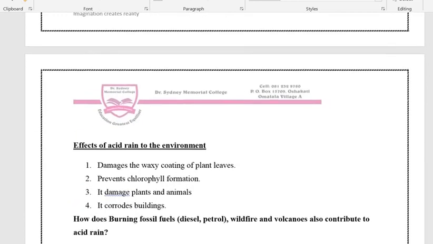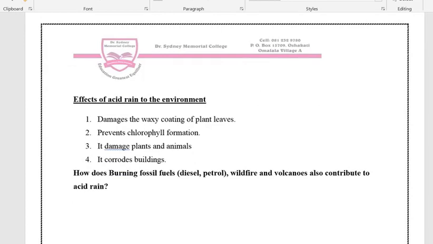These are some of the effects of acid rain on the environment. It damages the wax coating of plant leaves. You can read through these effects. You will find that acid rain has harmful effects on the environment, whether the natural environment or the man-made environment, in terms of our infrastructure.